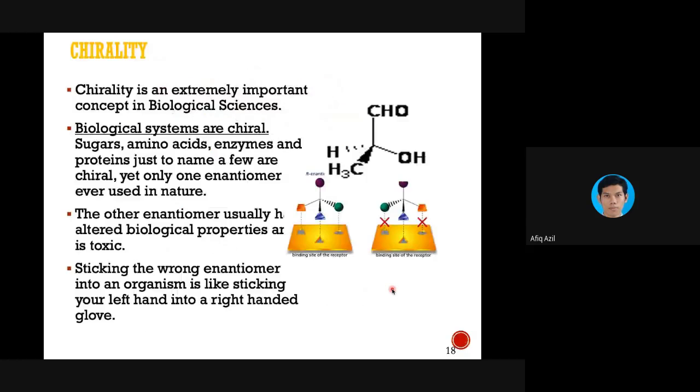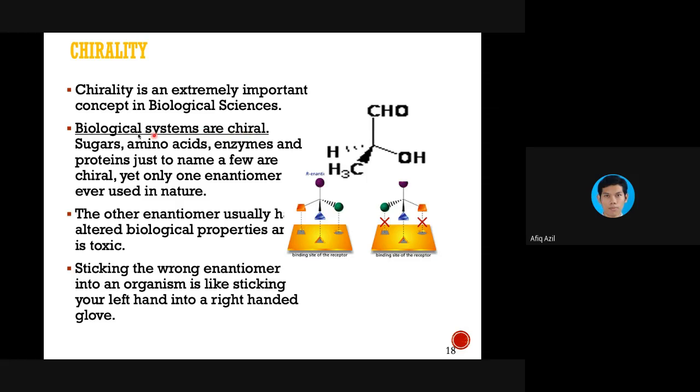So now we will go into chirality. Earlier you determined whether that carbon is a chiral center or not. So what is the importance of this chirality? This is an extremely important concept in biological sciences or biochemistry.